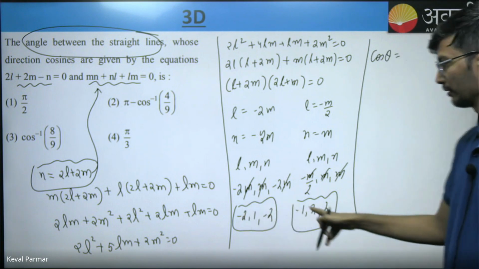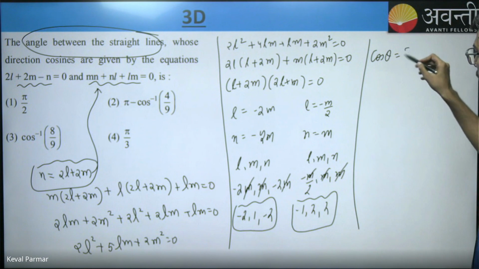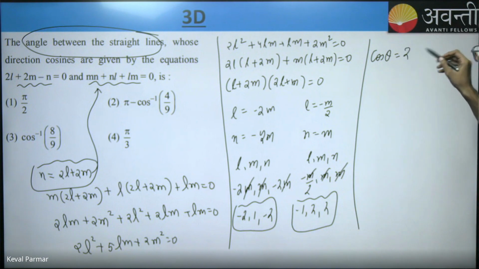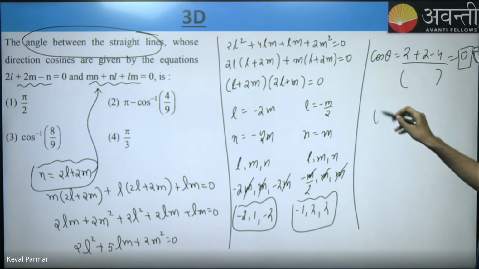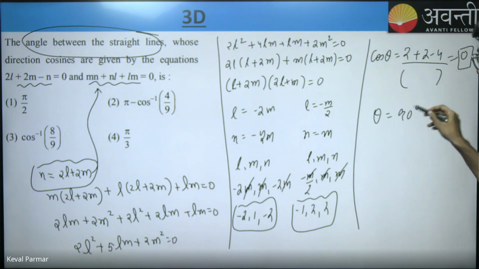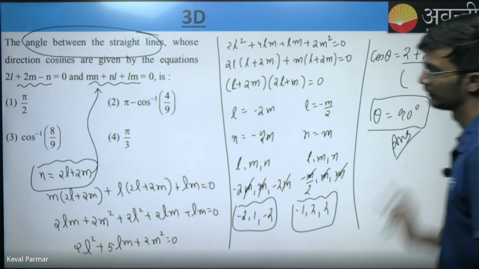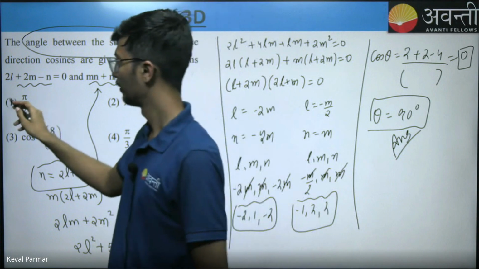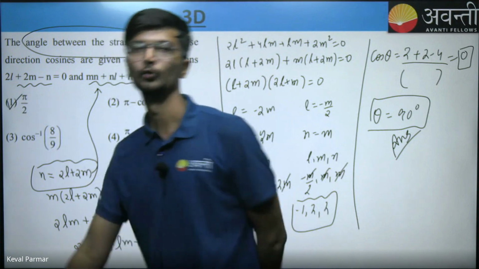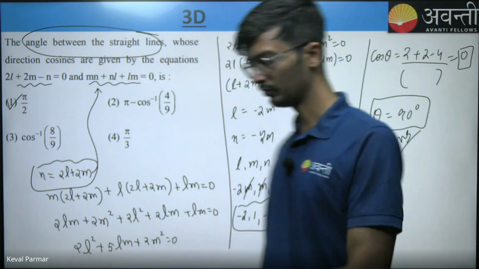This dot this. So we'll get 2 plus 2 minus 4 upon whatever it is, but the numerator made 0. That means theta equals 90 degrees. This is our answer. It is 90, yeah, it is pi by 2. Got it, guys? Let's move on to the next.